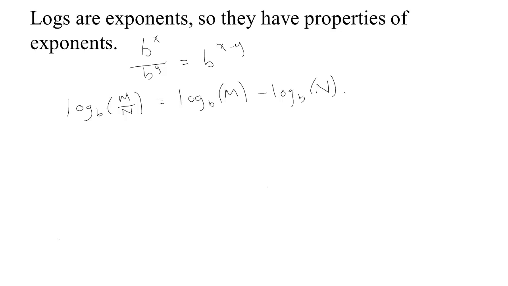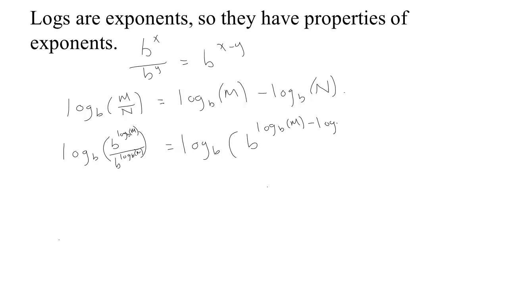Now again, we can see why that's true, because if m and n are both positive numbers, then m could be written as b to the log base b of m, and b to the log base b of n would be the same thing as n. So now we're dividing two numbers with the same base, so we get the log base b of b to the difference of the two exponents.